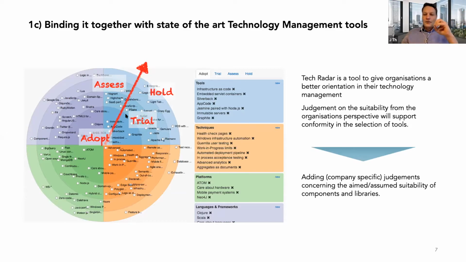And the cool thing is, the first thing is that you definitely need to classify the things into something. And then when you have classified the things or the tools, you can also say, okay, give me an alert whenever something is on hold.